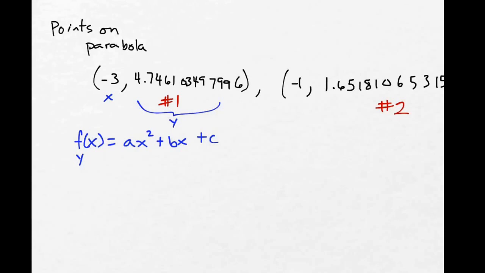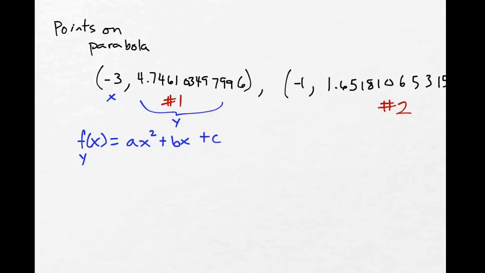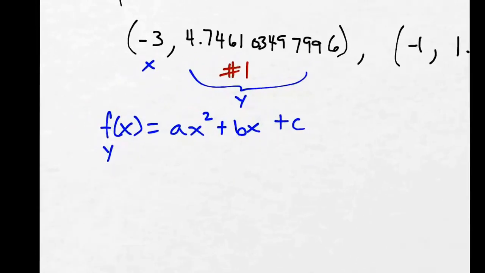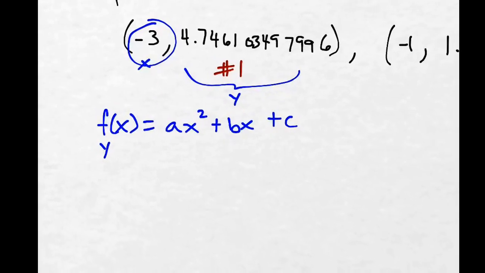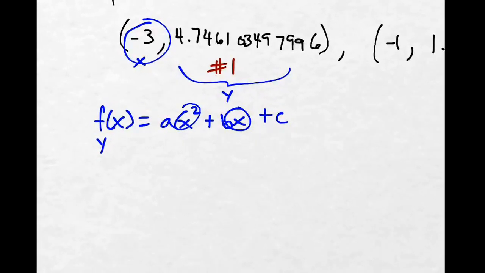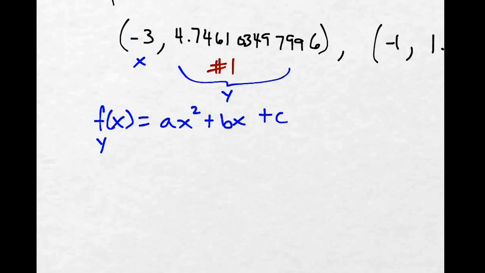So what I'm going to do is I'm going to plug in my x, and I'm going to plug in my y, and write down one equation for this. So I get one equation. So I'll plug it in. Instead of writing x squared and x, I'm going to write -3 squared. Do we understand that?